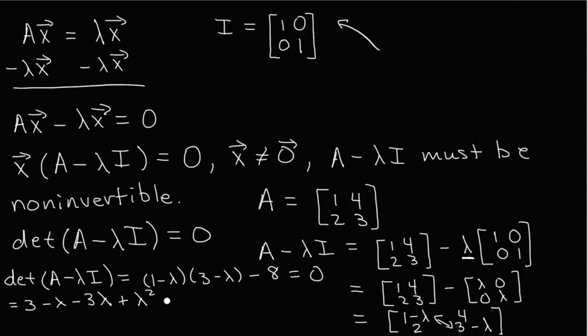And then I have to bring down my minus 8 and set everything equal to 0. So now you'll probably notice that there are some like terms. I can bring down my lambda squared, and then I can combine these two lambda terms to get minus 4 lambda. And I can combine the regular numbers 3 and negative 8 to get minus 5.